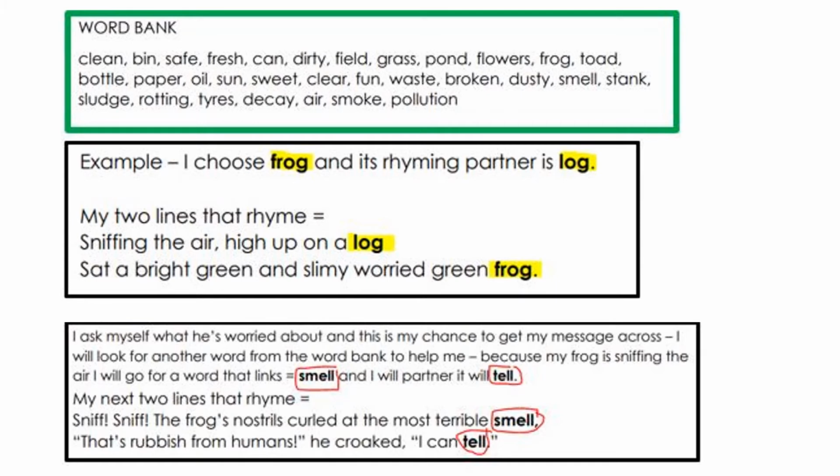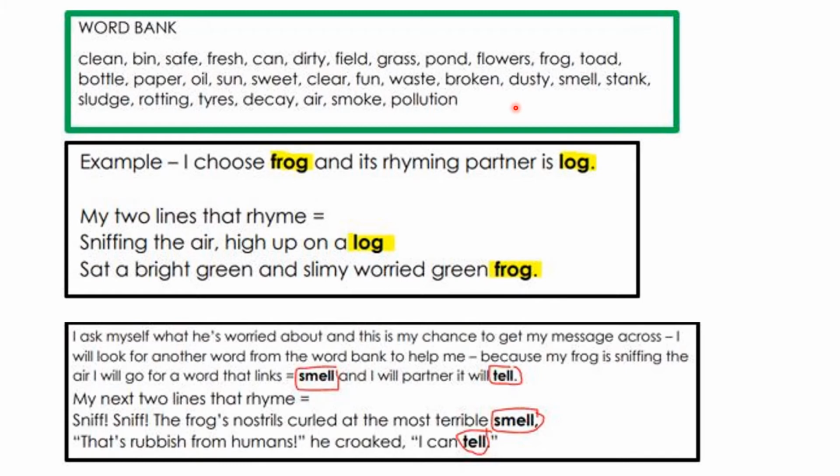You can see I've put a word bank at the top here. Now, you might be able to add on to that keywords that you might like to use. So I'm going to show you my process for this, and I'm hoping that it helps you too.